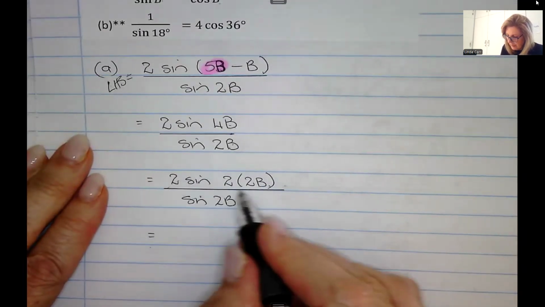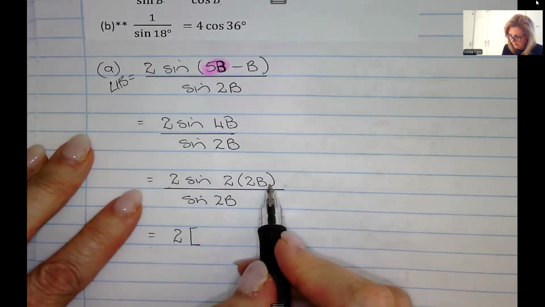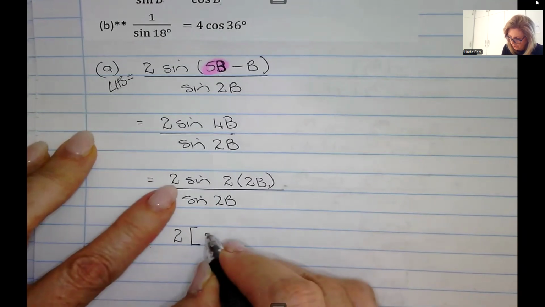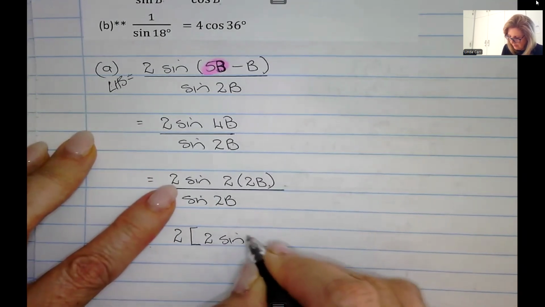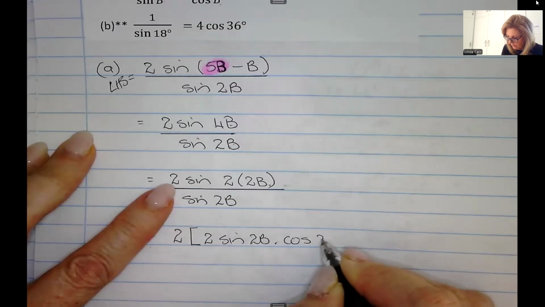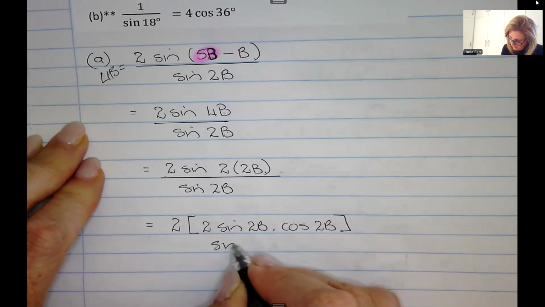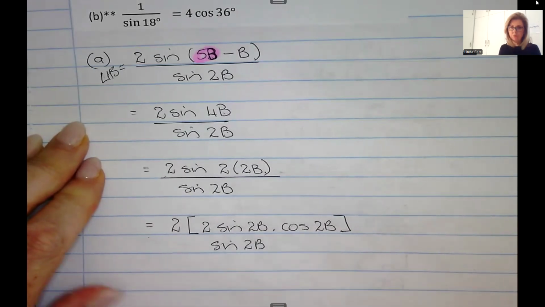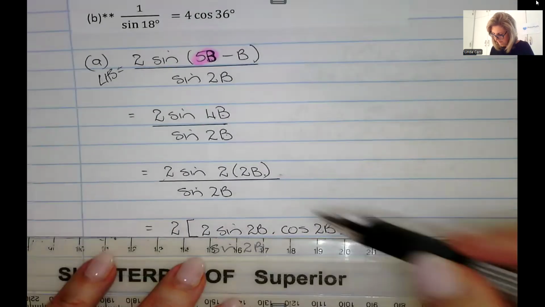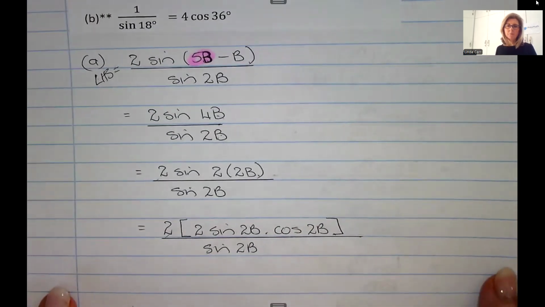That is a sine double angle identity. So it's going to be 2 sine 2B cos 2B. At the bottom, still sine 2B. Are you happy that everything is multiplying now in the numerator?